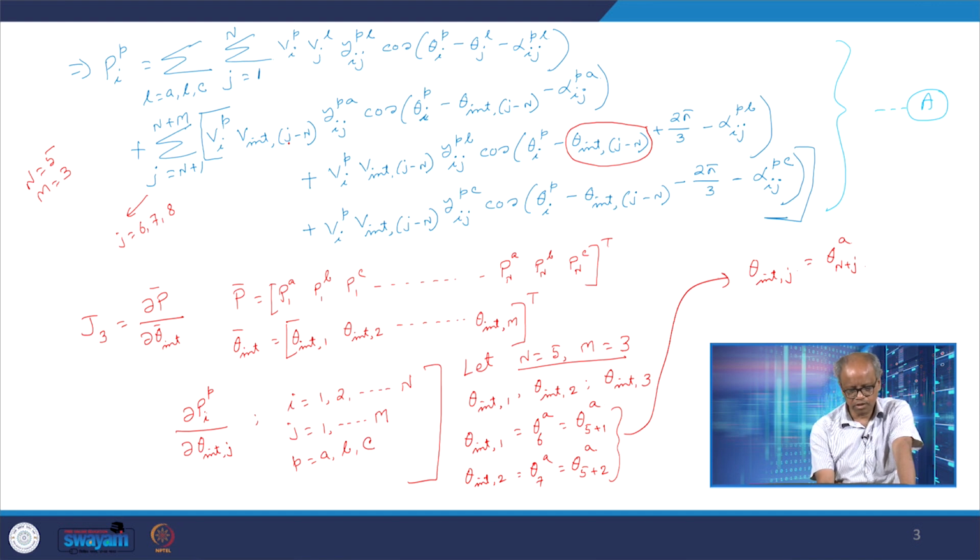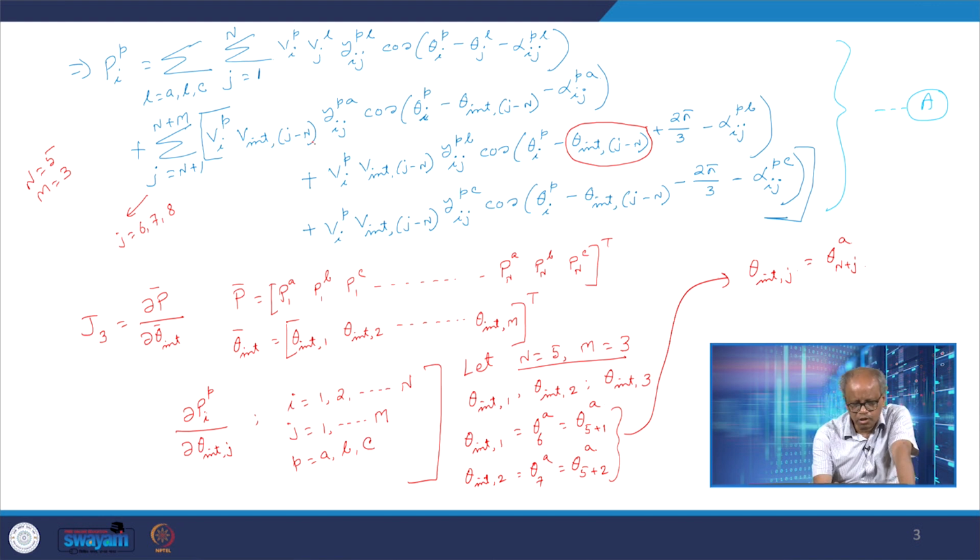When j is taking 6, it becomes V internal 1, when j is taking 7, this becomes V internal 2, and when j is taking a value 8, this becomes V internal 3. So this V internal vector will have 3 elements, V internal 1, V internal 2, V internal 3, and automatically these are taking these values.